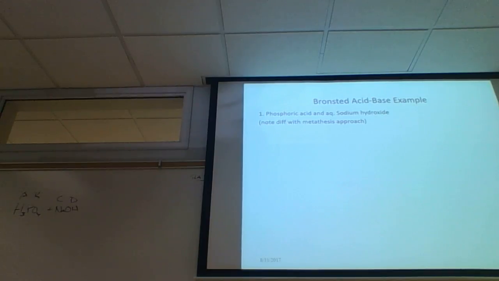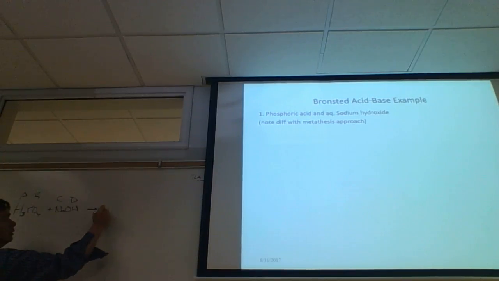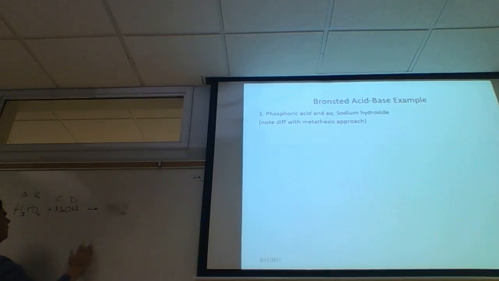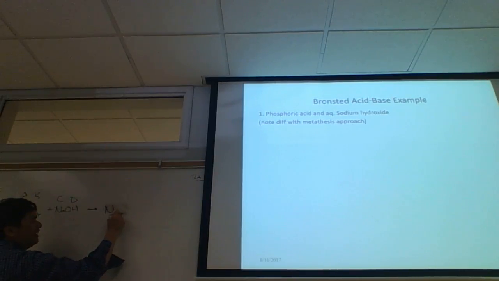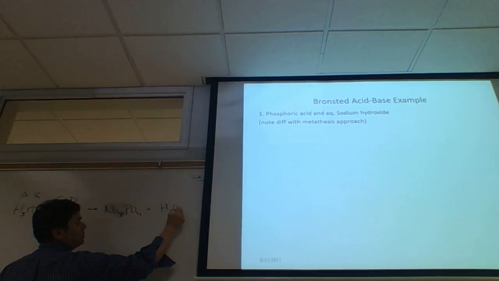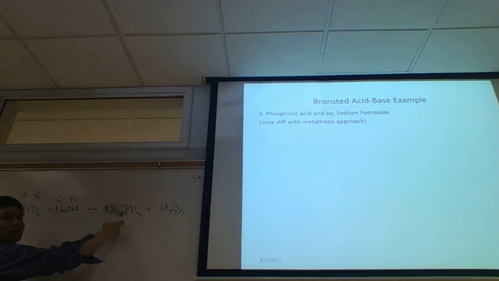What forms from this? Sodium phosphate. Actually, what's the formula for sodium phosphate? Na3PO4. And water. Water is liquid. Sodium phosphate is AQ.